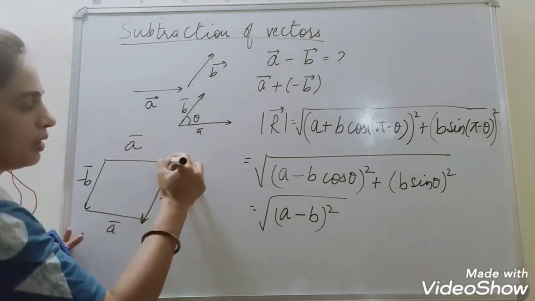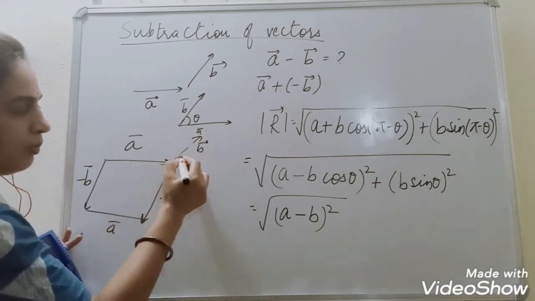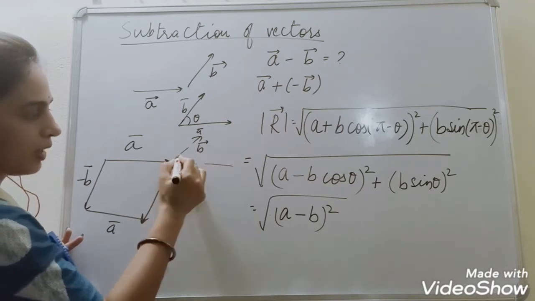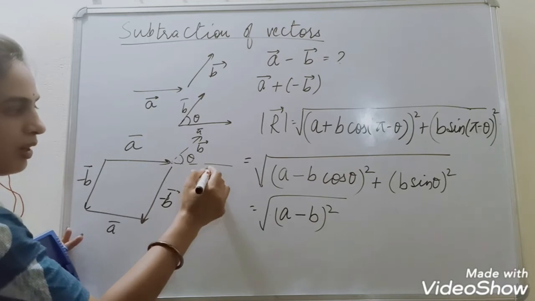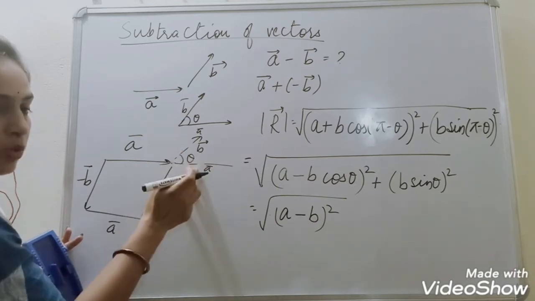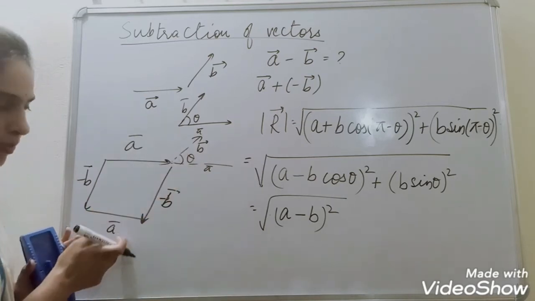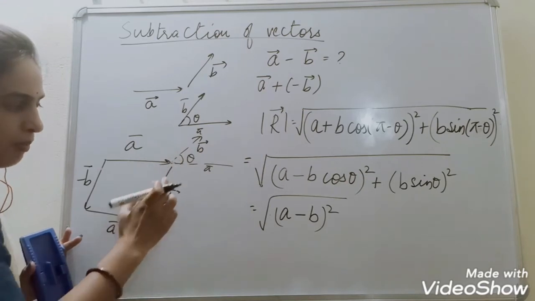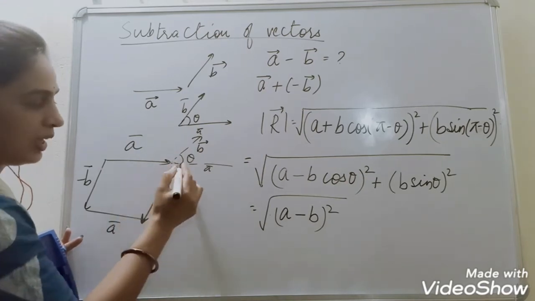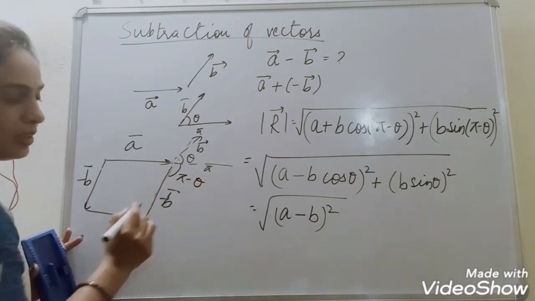Vector B was over here, so this angle was theta between vector A and vector B. So what is the angle between A and minus B? A is here, you can take A over here also. The angle between A and minus B when you join them tail to tail is pi minus theta.